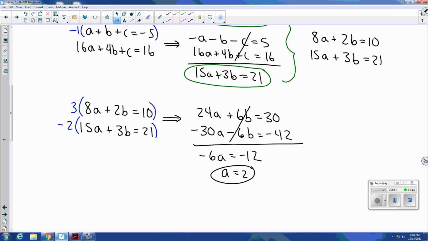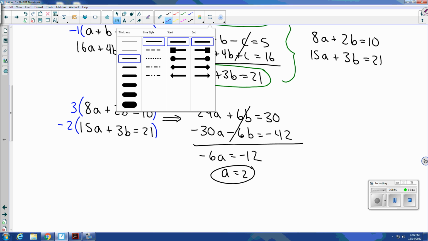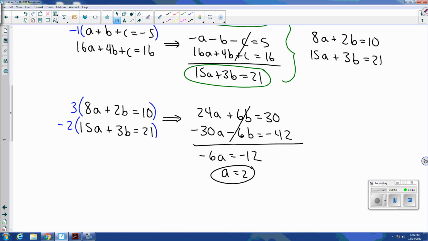If I know the value of A, I can now find the value of B by substituting back into one of the equations from the system of 2. It does not matter which one we choose.